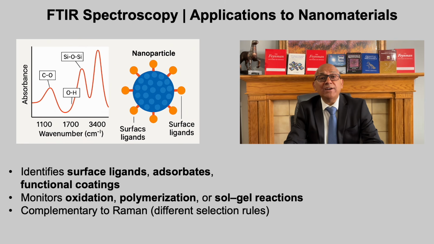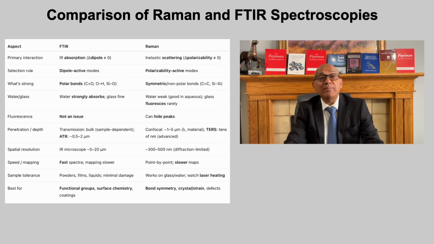For metal nanoparticles stabilized by organic ligands, FTIR identifies the nature of capping groups, thiols, carboxylates, or amines. In polymers or composites, it monitors cross-linking and curing reactions. FTIR and Raman are complementary. Raman detects symmetric vibrations, while FTIR probes those that change the dipole moment, together providing a full vibrational picture.